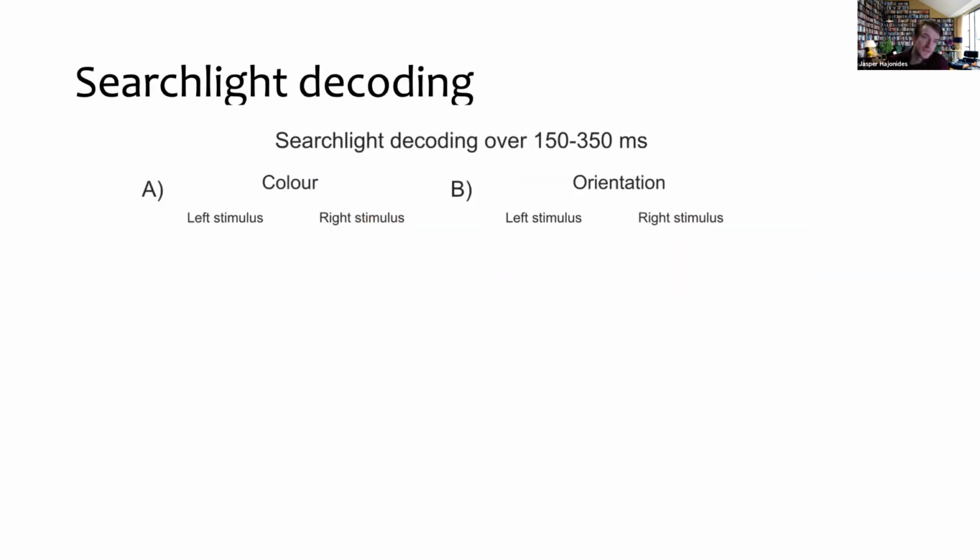Now you can, of course, think that, I mean, it's nice that this classifier can pick up on these visual features, but classifiers pick up on all kinds of crazy features. So to get into this in more detail, we ran a searchlight analysis over the entire EEG topography to see where the left and right stimuli are most reliably decoded.